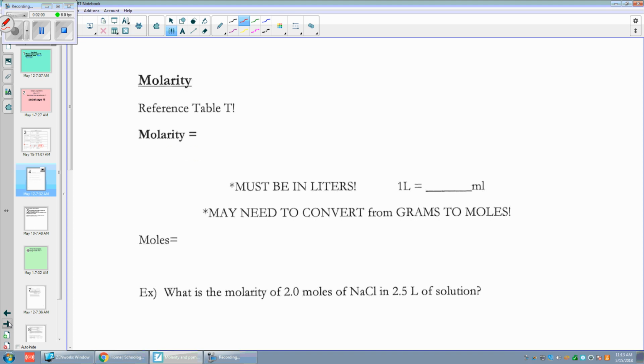So let's start by saying molarity is really just a concentration. And when I think about concentration, I'm just saying how much. So molarity describes how much. Molarity, like I showed you before, is shown with a capital M. That is its symbol for molarity, but you must capitalize it.